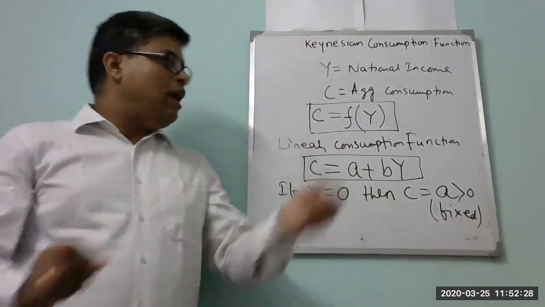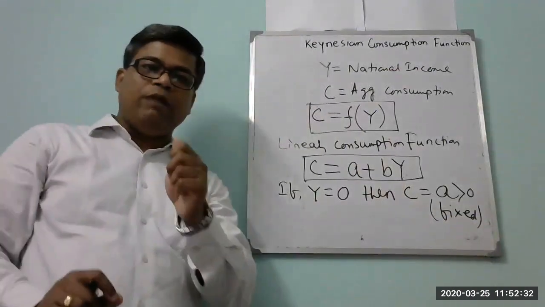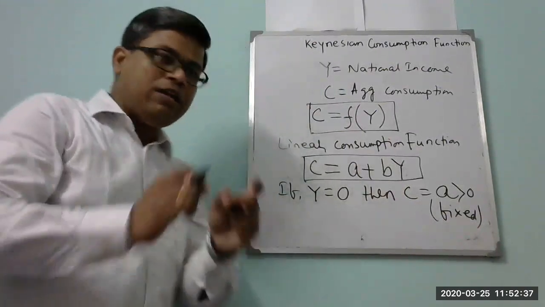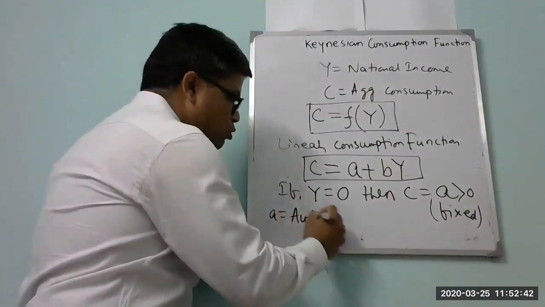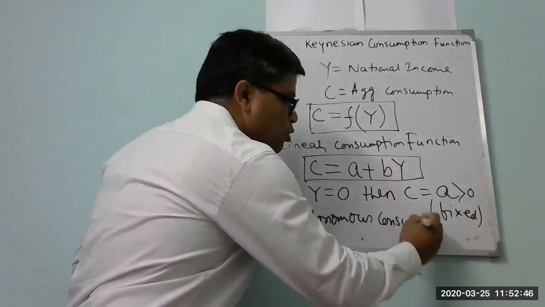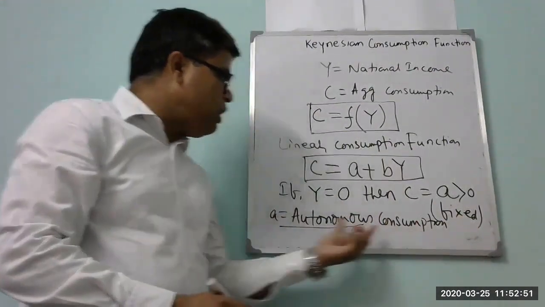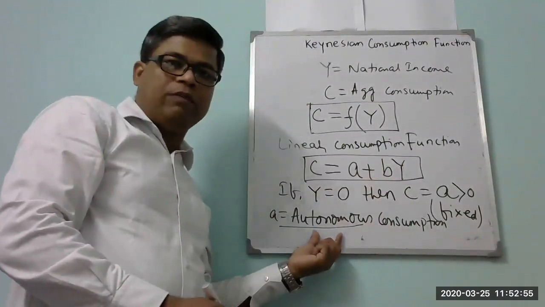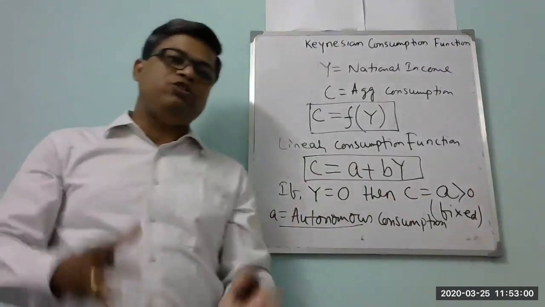I repeat once again, a part of consumption that does not depend on the level of income is called autonomous consumption. So A is called autonomous consumption. What is the meaning of autonomous? Autonomous means automatic. The consumption will happen automatically; it does not depend on the level of income. Even if the income is zero, a person has to consume something for his or her survival.